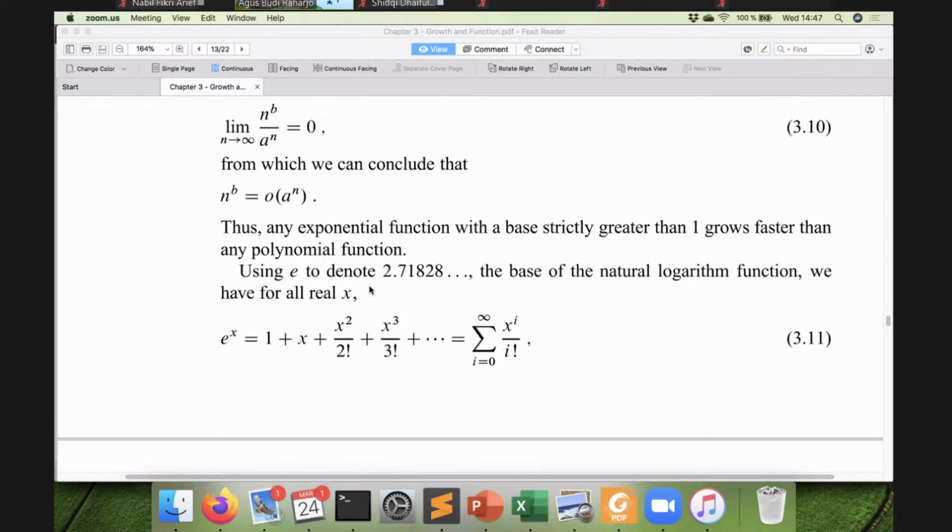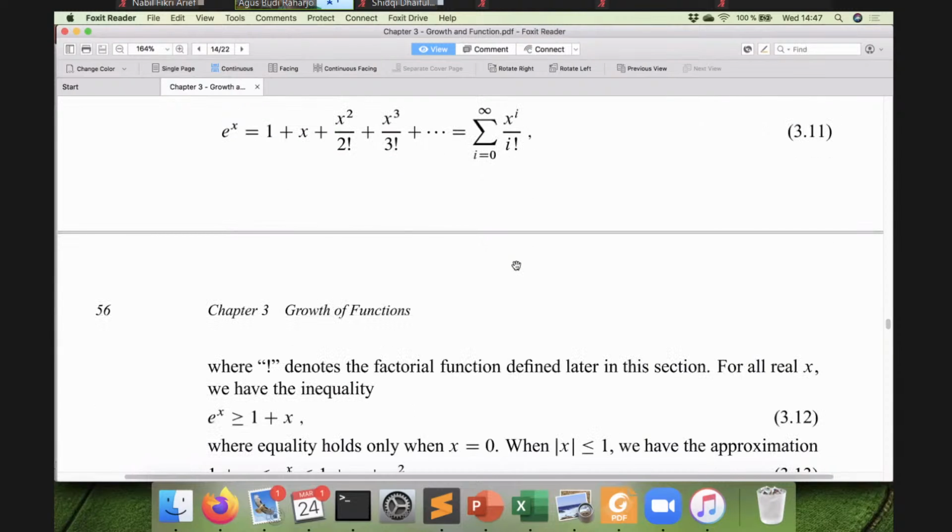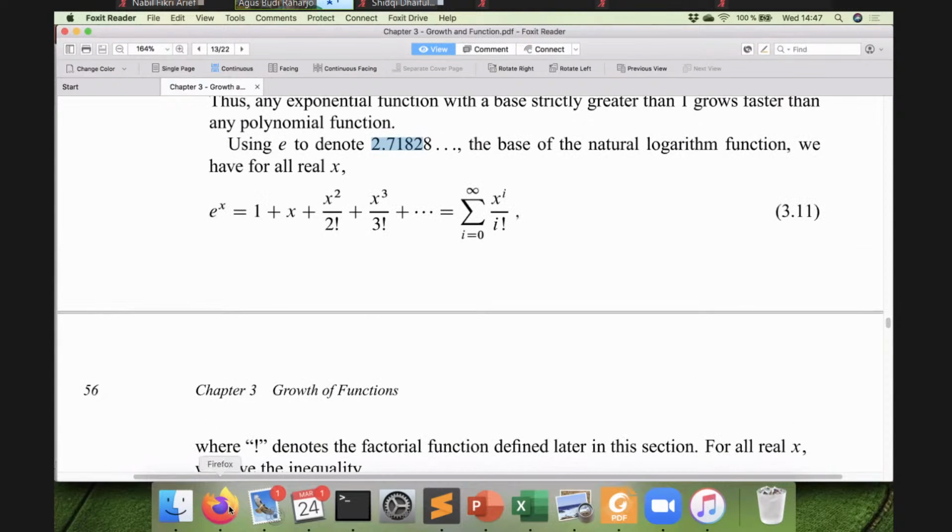Using E, you see this one is the natural number. You will find a lot of cases of the natural logarithm function. You will find a lot of useful purposes of E over here. This one, E power by X. Well, you may remember this one. It's useful. This one is, I think, Euler's number.